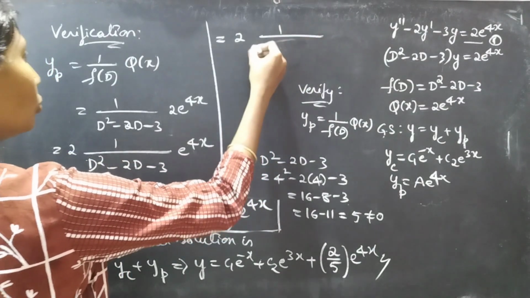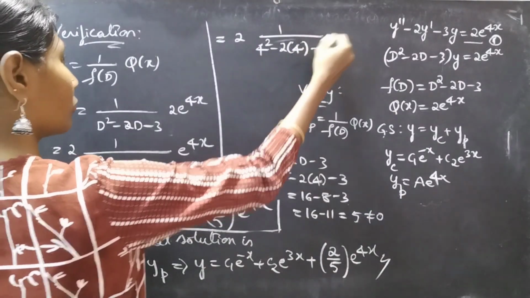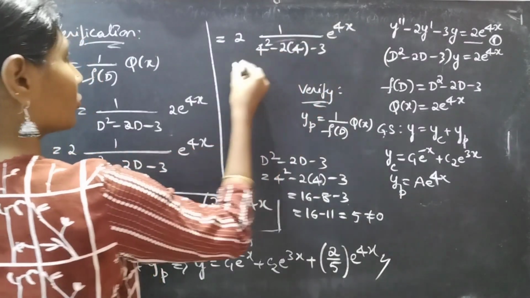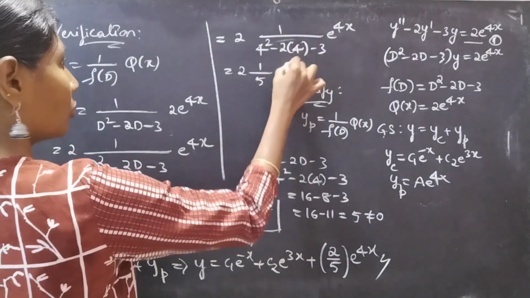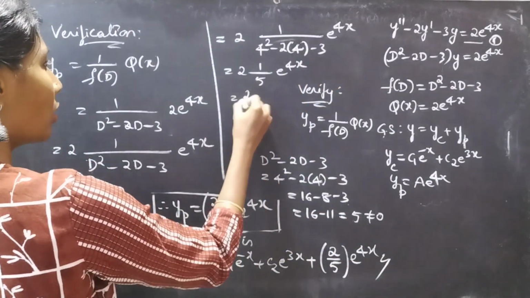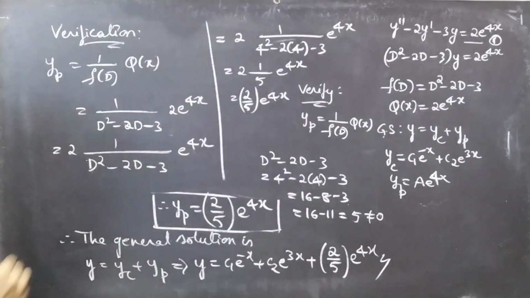Let me write two more steps. Equal to 2 into 1 by 5 into e^4x, which gives us 2 by 5 into e^4x, which is our yp. Okay? Fine.